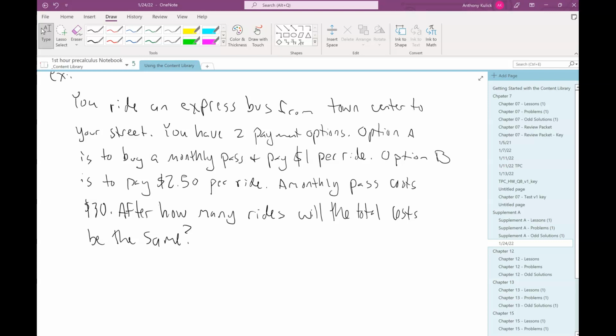So I would start by defining my two variables. So what are the two variables going on here? What are the two quantities that can be changing? Option A and option B. No, option A and option B are fixed, right?